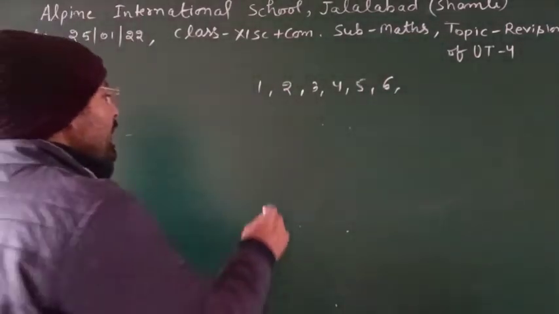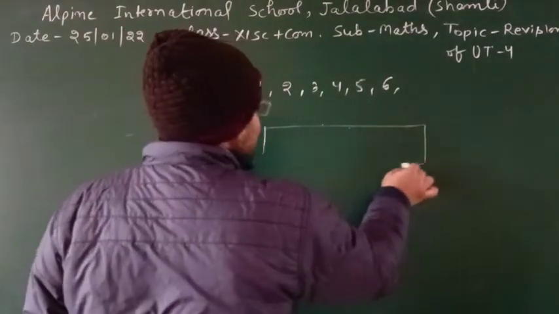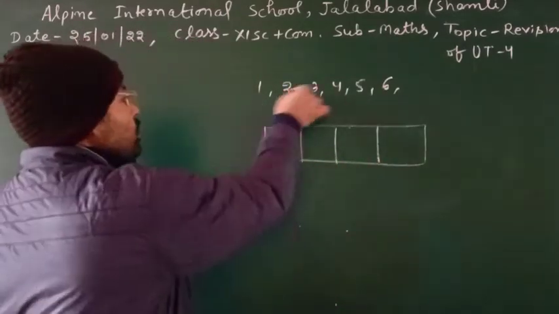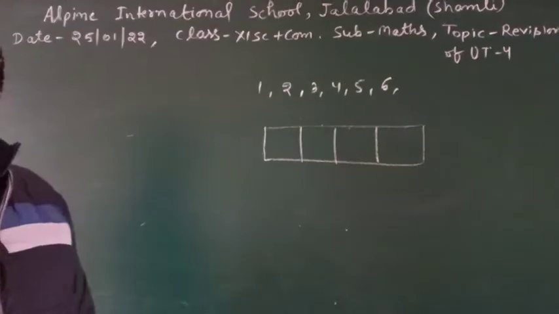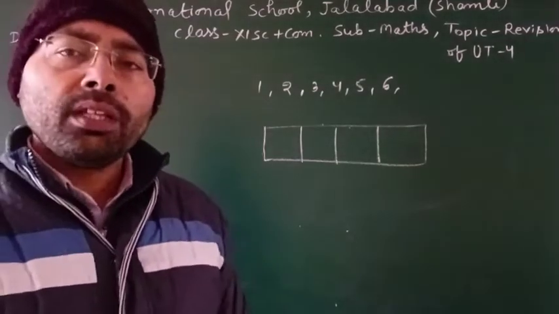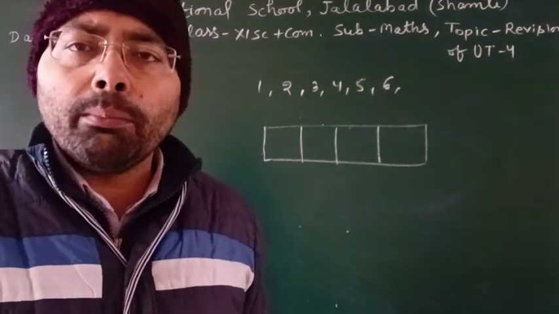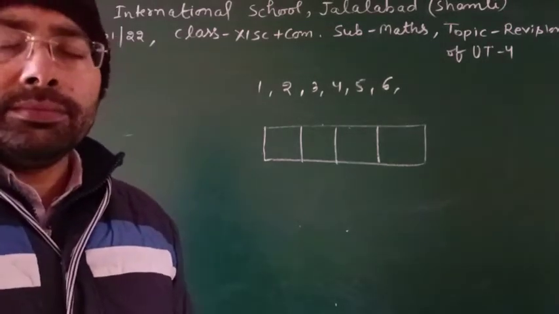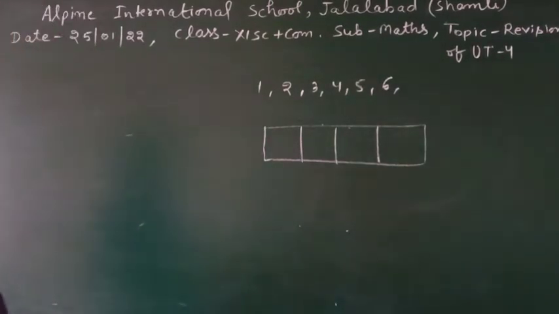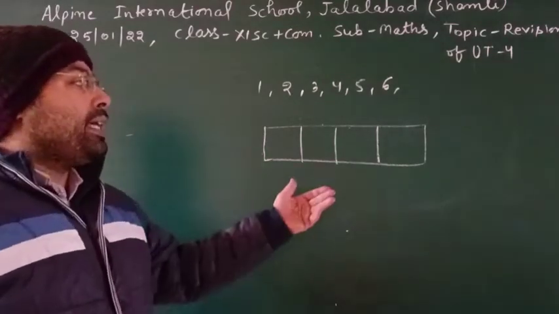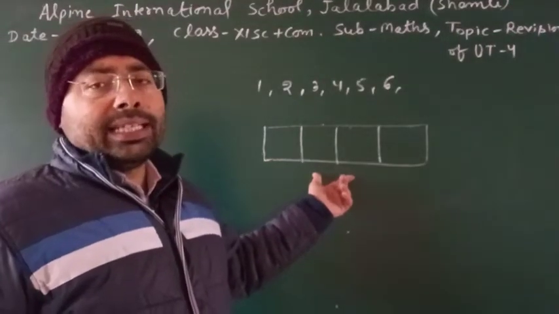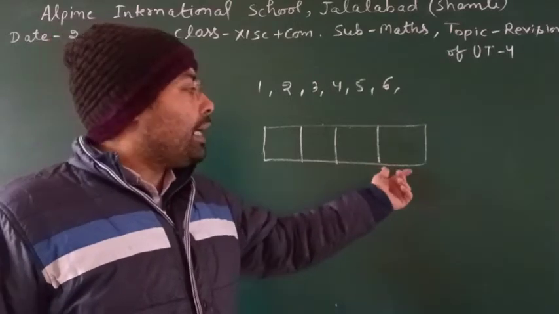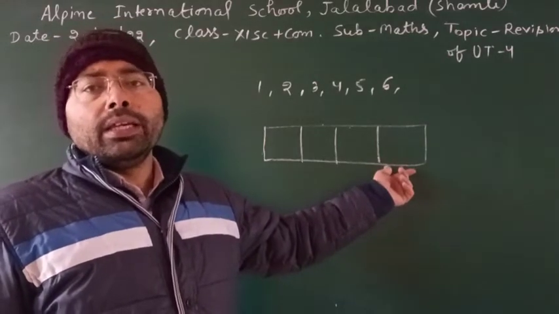So basically we have 4 places like this, which will be filled up by using these 6 digits, but the condition is it should be an even number and digits can be repeated. So if we want to make it an even number, then according to the rule of even numbers, the last digit will be even.